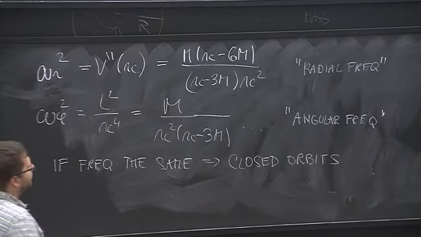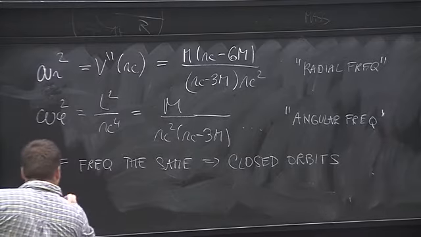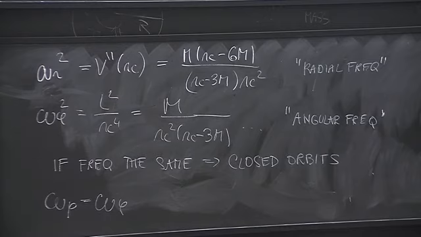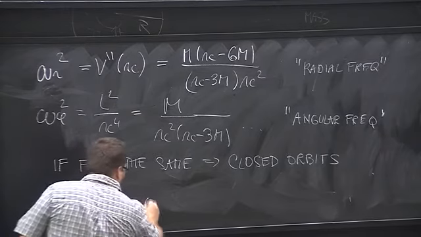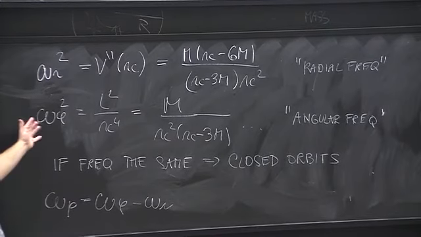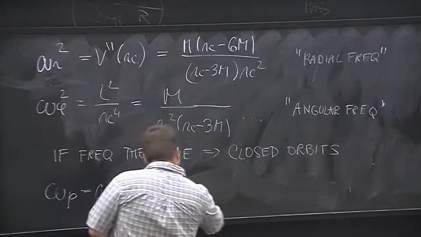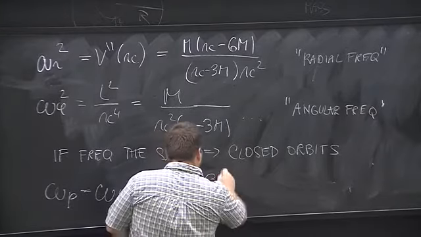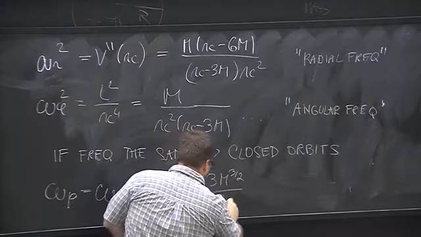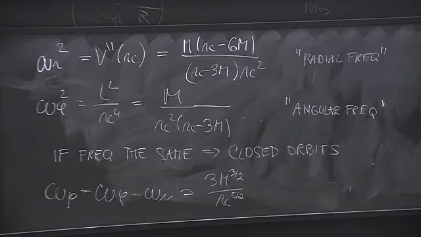There are these general relativistic corrections. What you can define is the precession omega, the angular frequency minus the radial frequency. If you plug it in, take the square root, and take m to be small, you find that this is something like 3m^(3/2) divided by RC^(5/2).